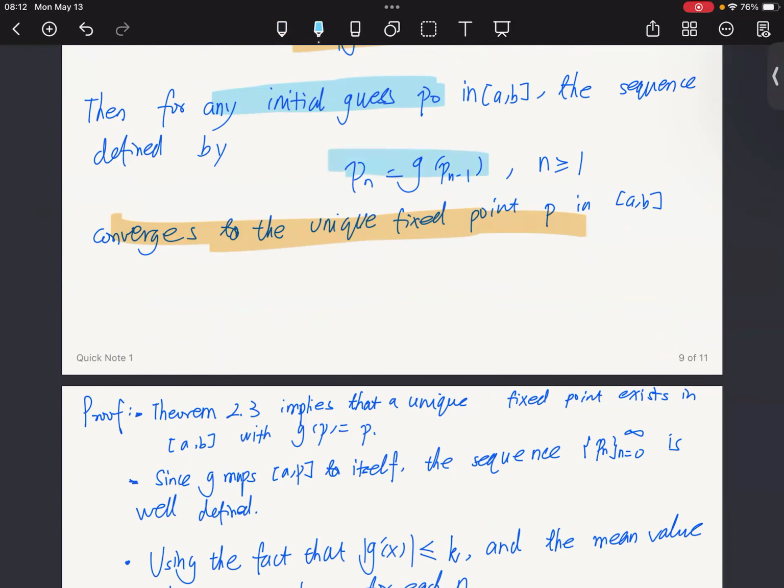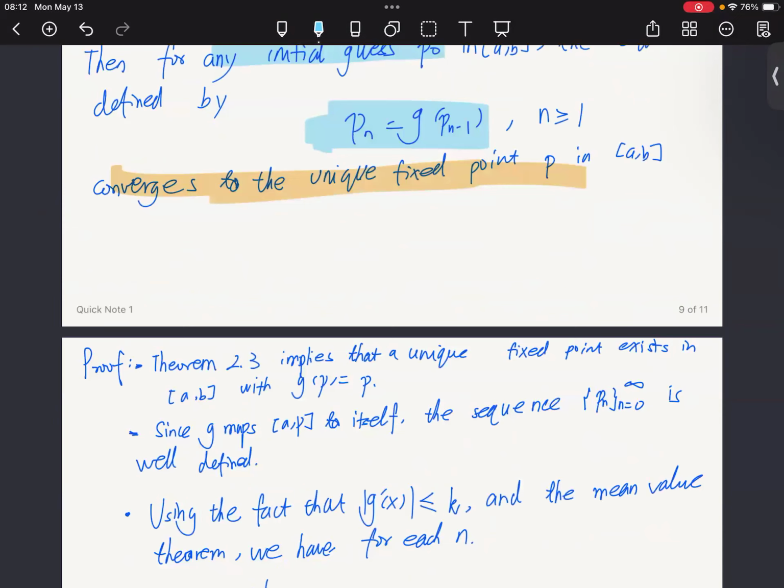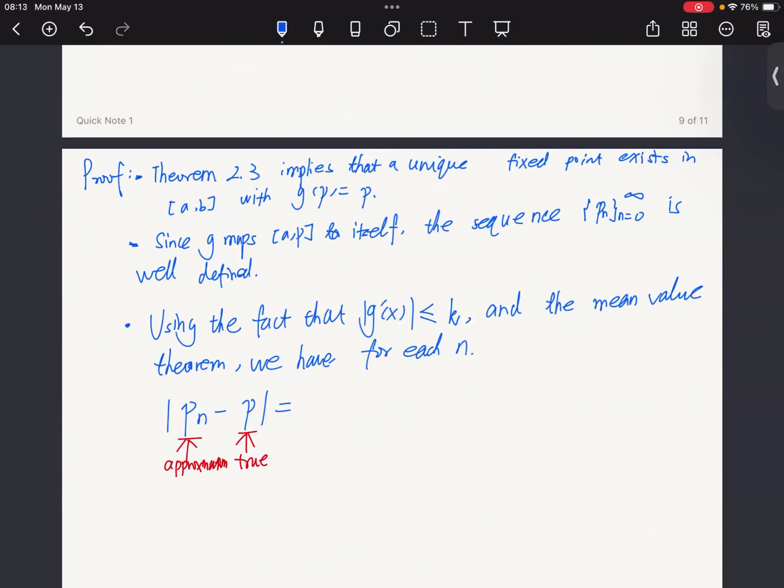We generate Pn in this way: Pn equals G applied to Pn minus 1. So here we replace Pn with G of Pn minus 1.